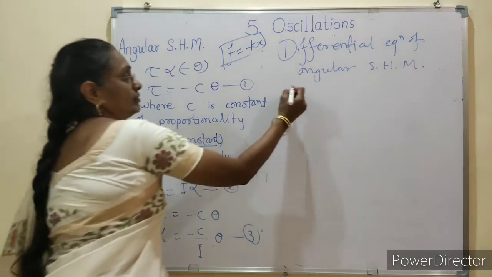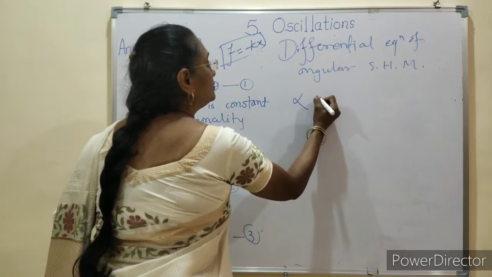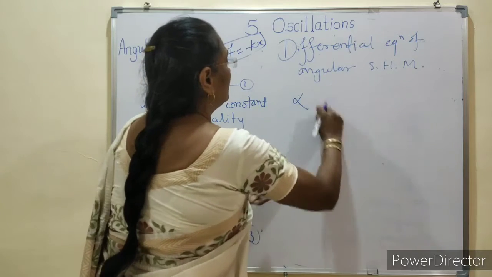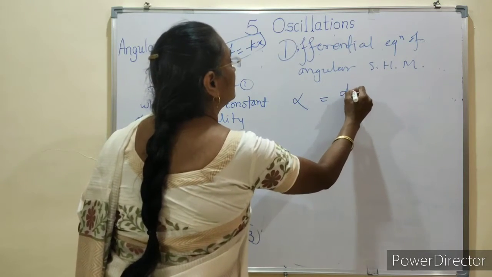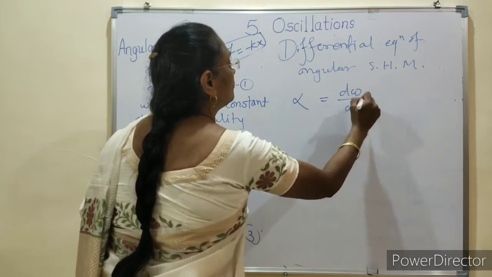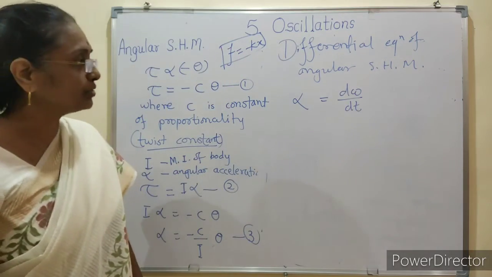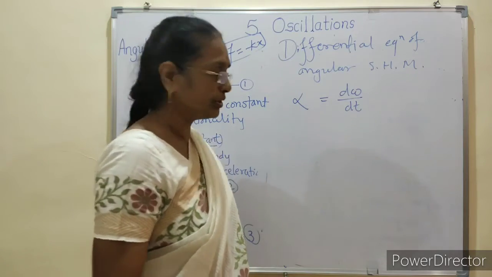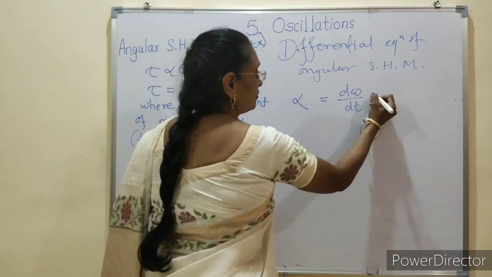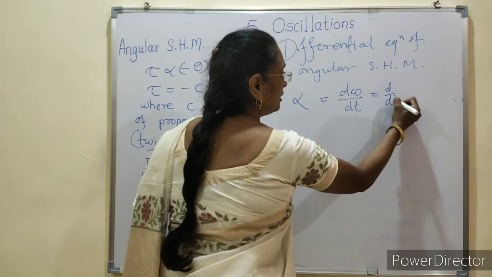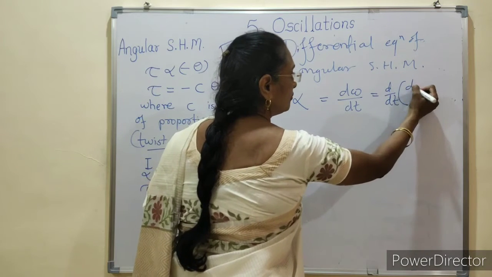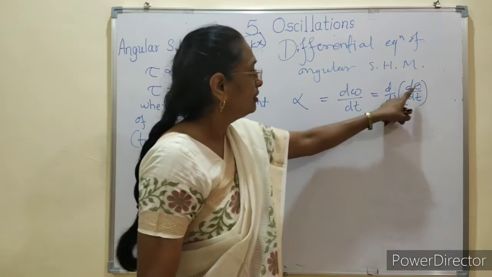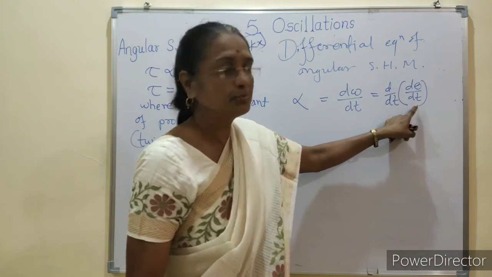Now alpha is the angular acceleration. It can be defined as the rate of change of angular velocity with respect to time, d omega by dt, derivative of omega with respect to t. We can substitute omega as d theta by dt, which is the rate of change of angular displacement.